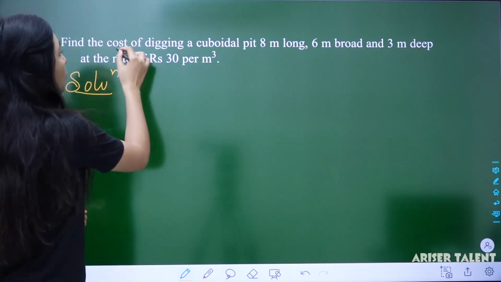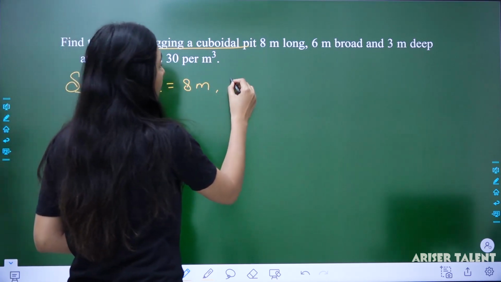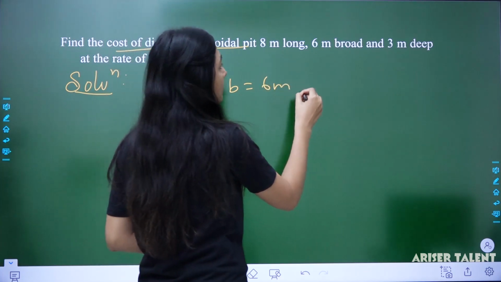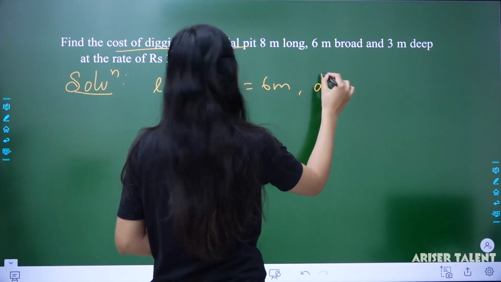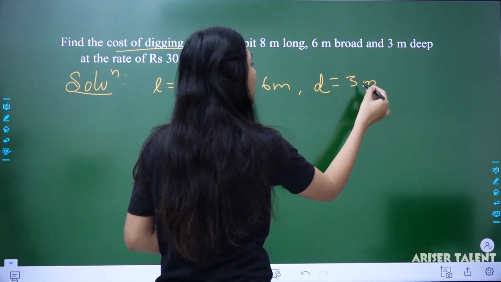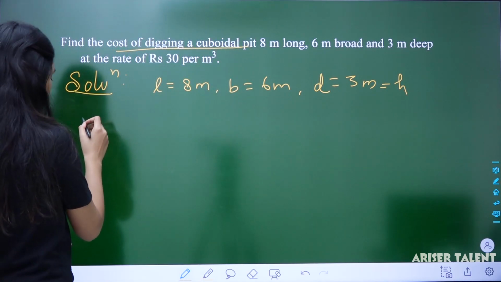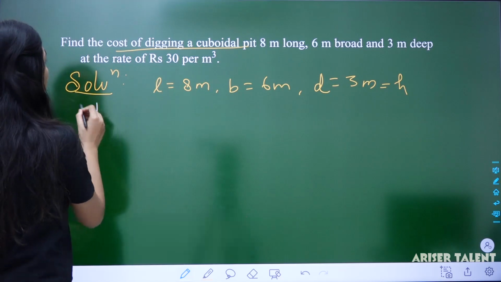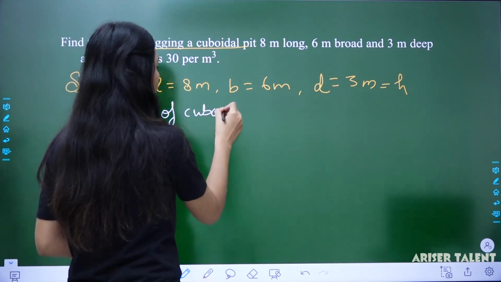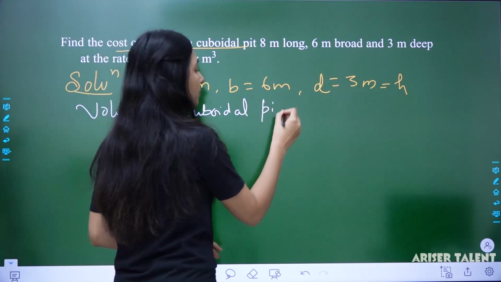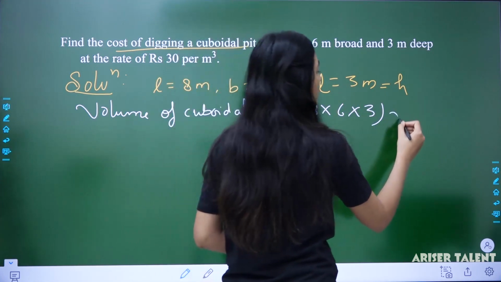Okay, so find the cost of digging a cuboidal pit. The length is given as 8 meter, width is given as 6 meter, and depth, or you can say the height, is 3 meter. So the volume of the cuboidal pit is equal to 8 multiplied by 6 multiplied by 3 meter cubes.